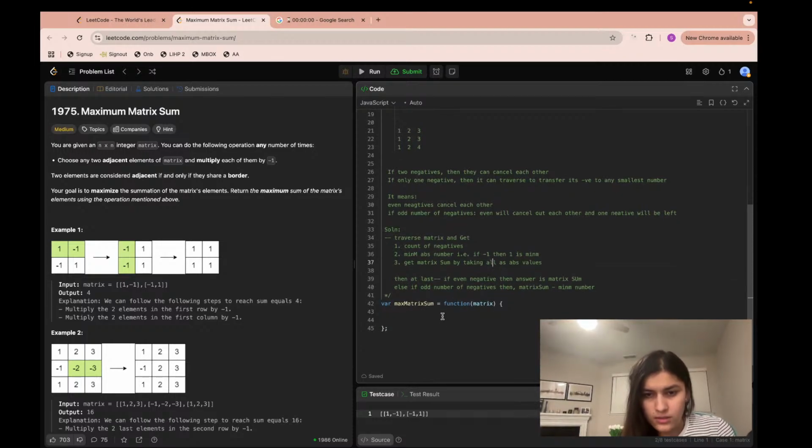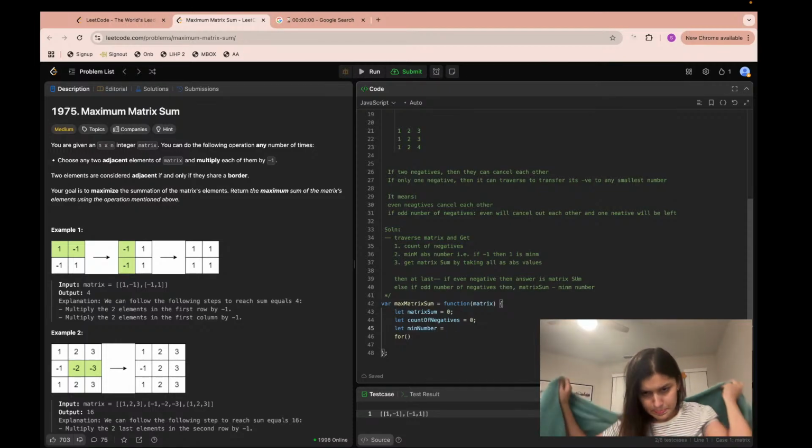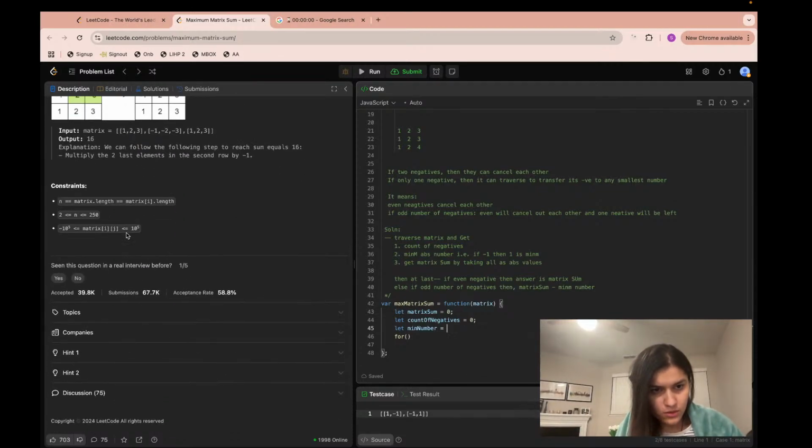Okay, so let's do this. Let's traverse the matrix. Let matrix sum be equal to 0 in the beginning, and let count of negatives also be 0 in the beginning, and then let minimum number be, it can go up to 10 to the power 5, right?